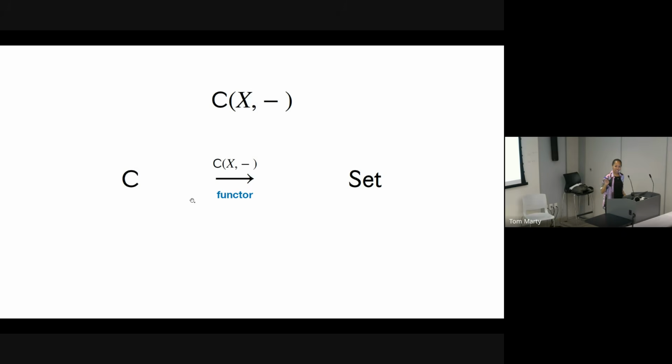So functors are relationships between categories. This C of X comma blank says, if you give me some object like Y, I plug it in and I get a set out. So given Y, I output the set of all relationships from X to Y. A functor, I'm not going to give you the formal definition, is a mapping on categories that also respects the composition rule between arrows.